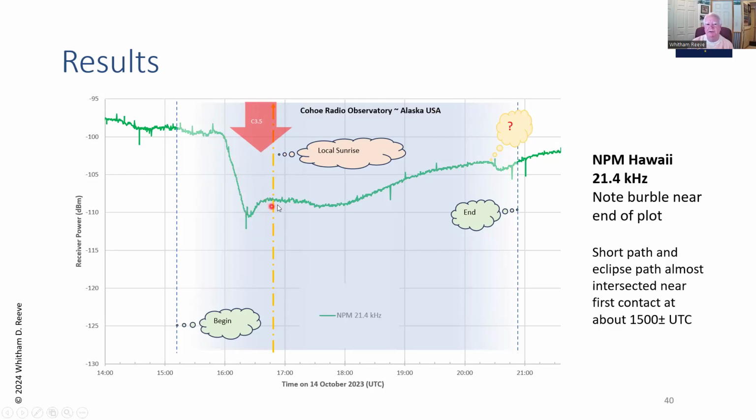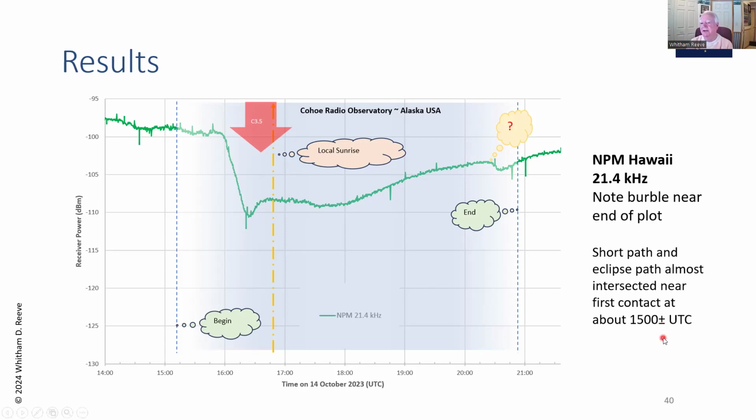There's nothing obvious here that says, okay, this is caused by the eclipse. Nothing is jumping out of the plot. But we have this burble over here on the right that is kind of interesting. I don't think it's eclipse related. It could be, but I'm not going to commit to that.